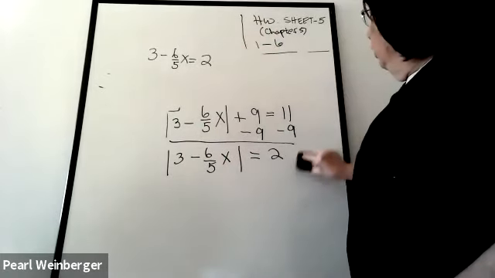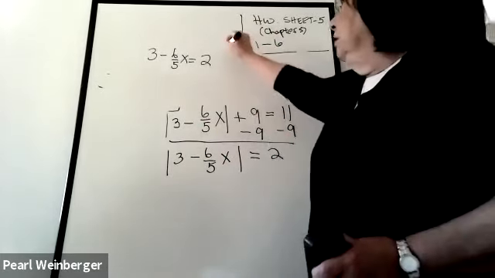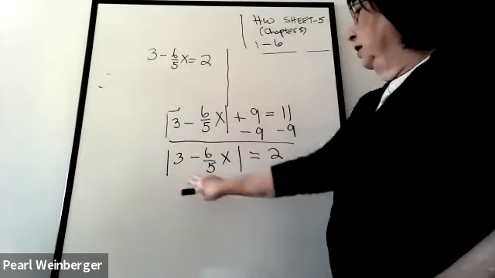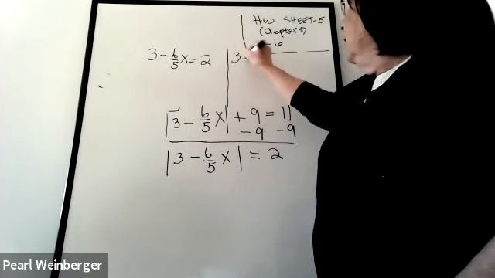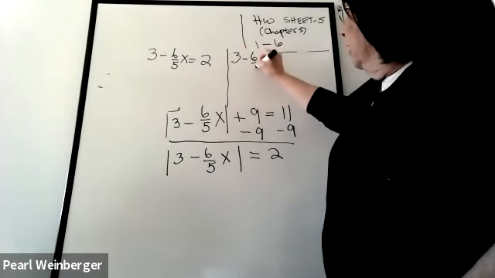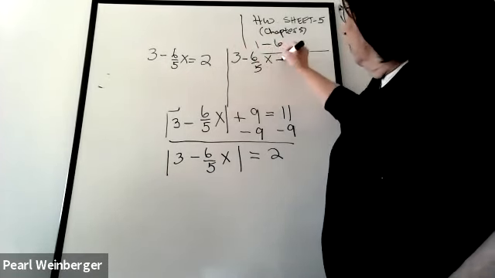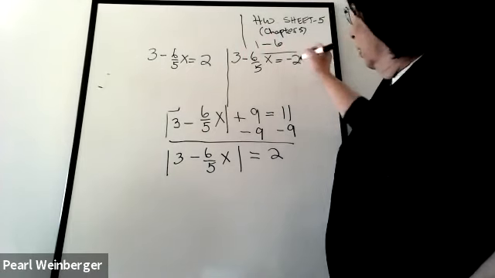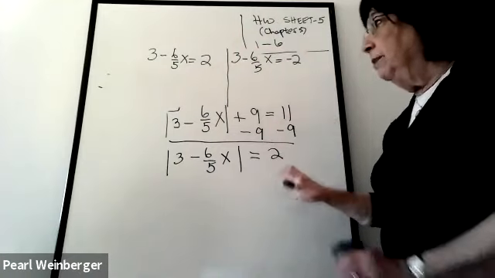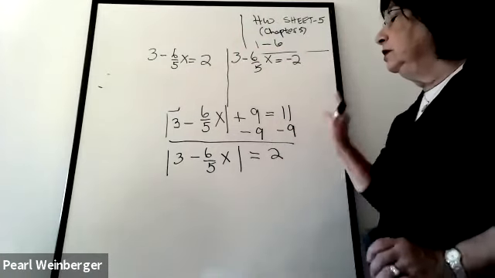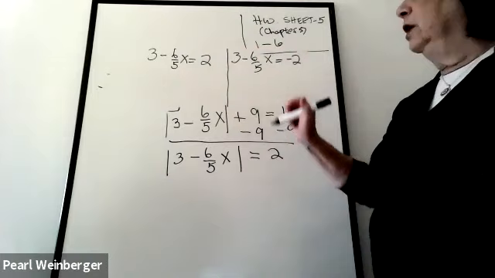But that's only one part of the answer. The other part of the answer, I have to get 2 solutions. I get by doing 3 minus 6 over 5x equals negative 2. Remember, if this would have been a negative number, I would have stopped. I can only continue when it equals a positive number.